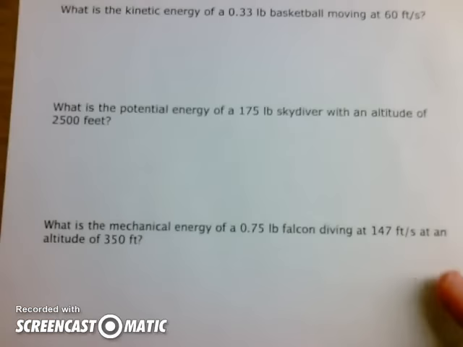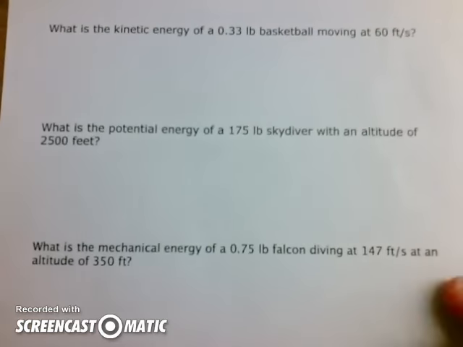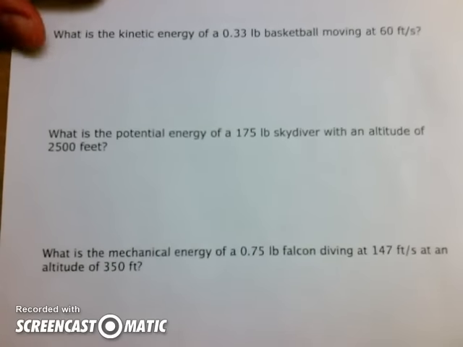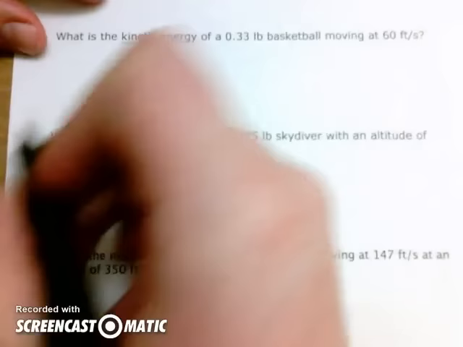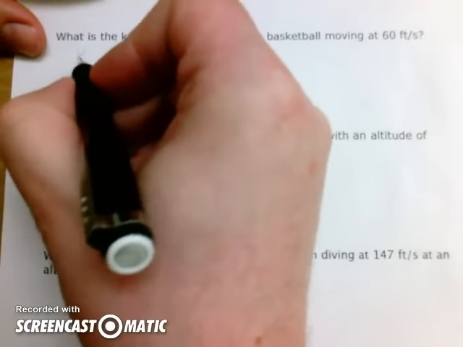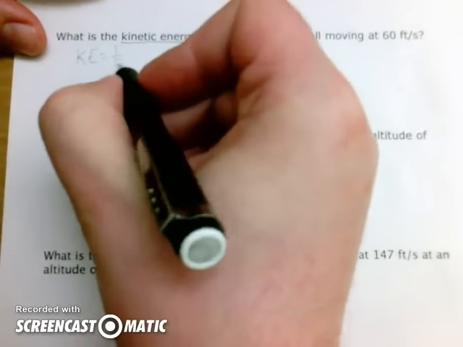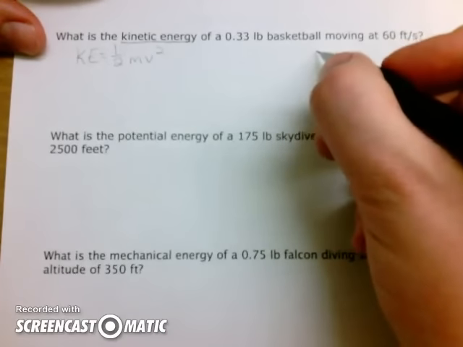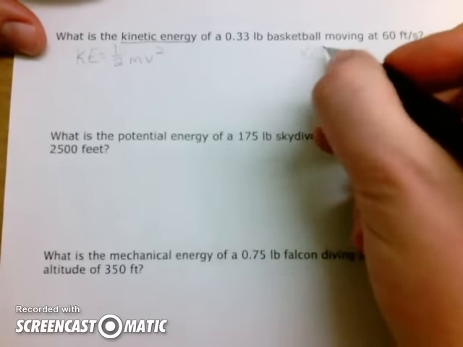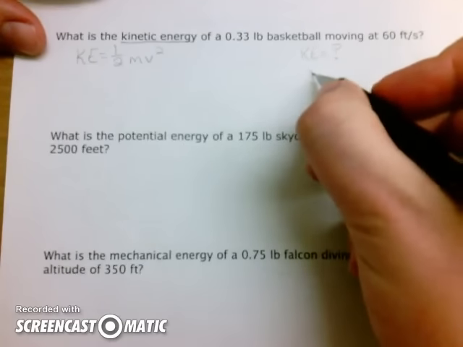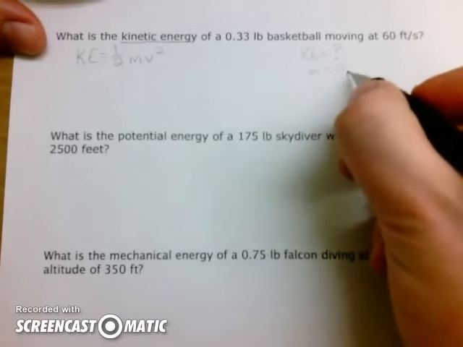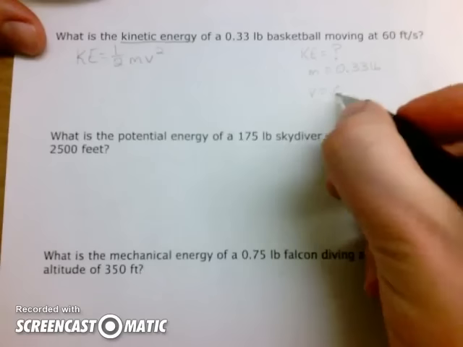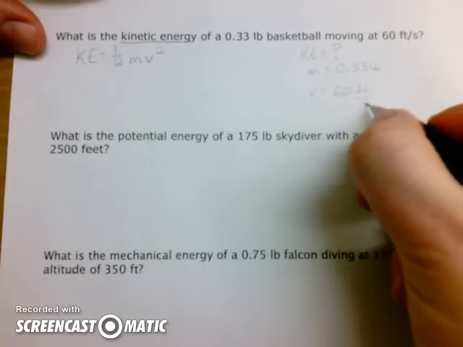Okay, other side. What is the kinetic energy of a 0.33 pound basketball moving at 60 feet per second? We know we're looking for kinetic energy, just like on the last problem. So let's write down our equation to start with. KE equals question mark, mass equals 0.33 pounds, and velocity equals 60 feet per second.